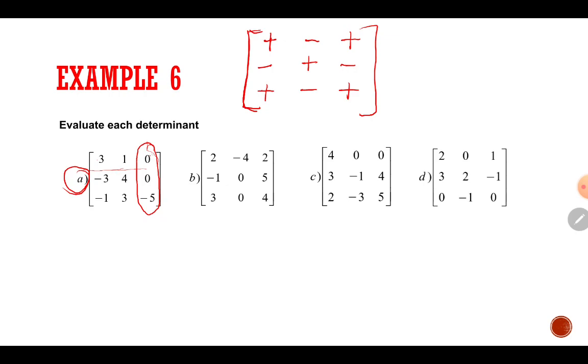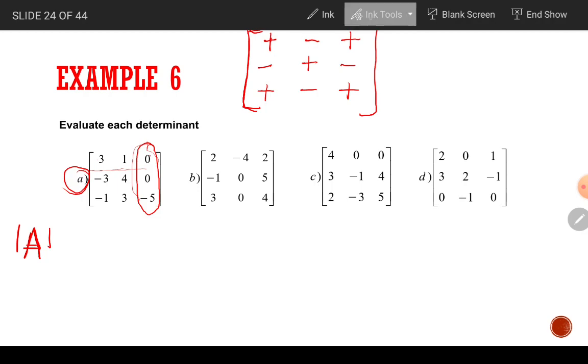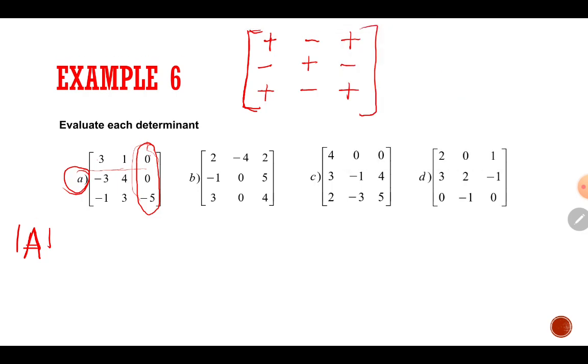So by right, kalau kita nak buat macam ni, maksudnya dia punya determinant, we denote this matrix as A. When we choose the third column, meaning that we are going to choose this sign, right? Kita akan pilih this sign, so dia akan jadi positive.